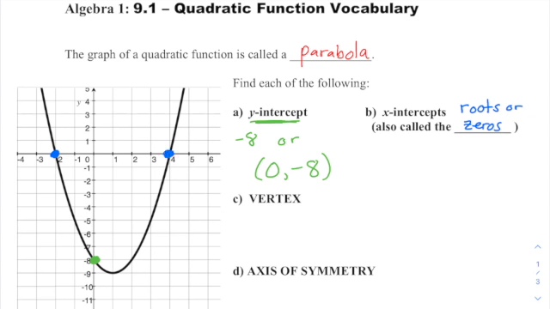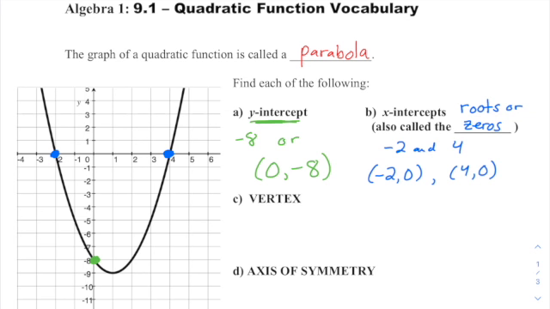Where does this graph hit the x-axis? And so there are 2 for a lot of parabolas. And so these ones would be at -2 and +4, or if you answer with an ordered pair, (-2, 0) and (4, 0), right? The y-coordinate is always 0 when you're on the x-axis.